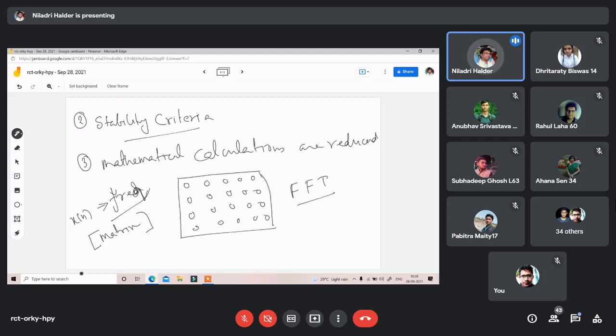Now whenever you do the solution, what will you do? A single row solution you will do for a single time.